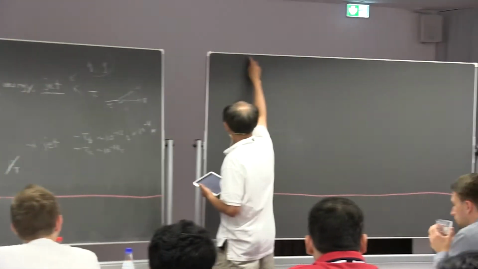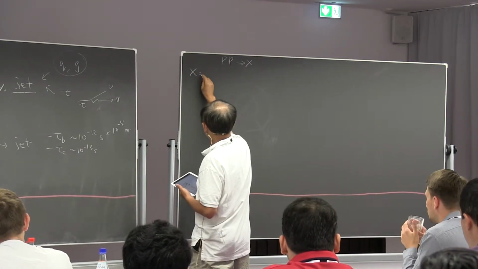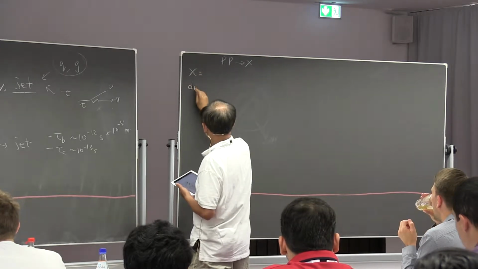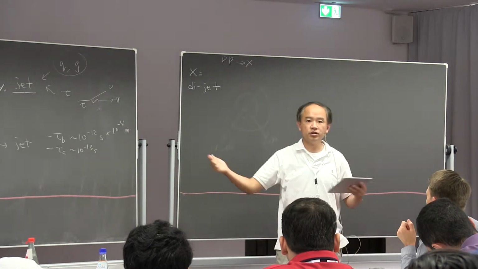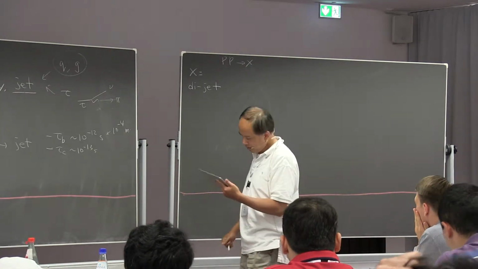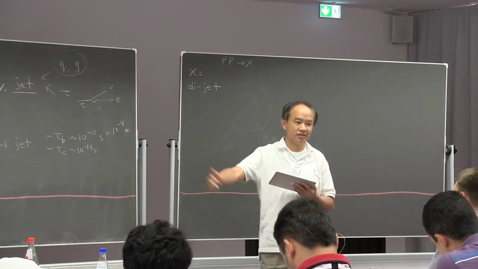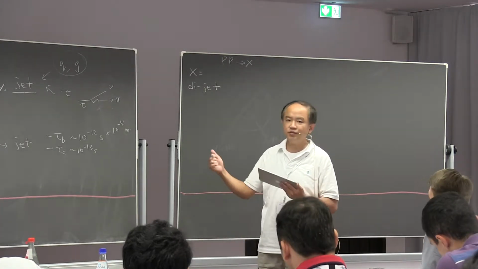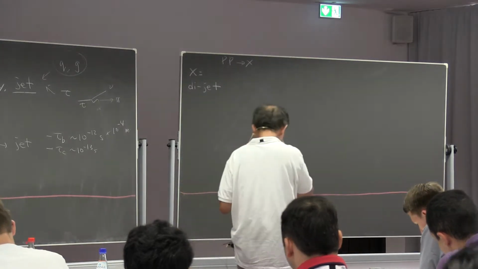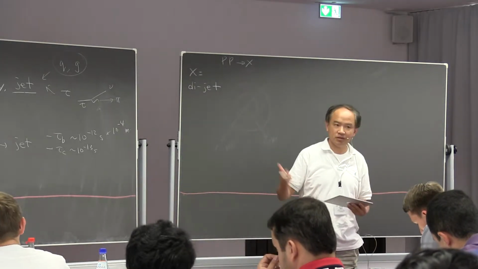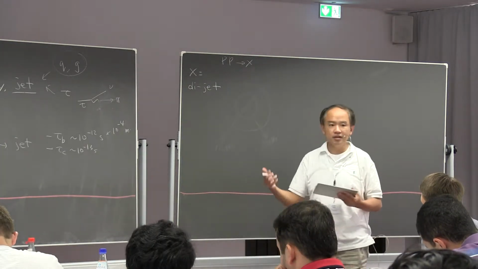So this is pp to X, where X can be, for example, dijet. This is just the production of two jets. If I don't have any cuts, the cross section is infinite, well, not infinite, but it's very big. But that's also not very useful, because what actually counts for the background of the standard model is usually very hard jets.